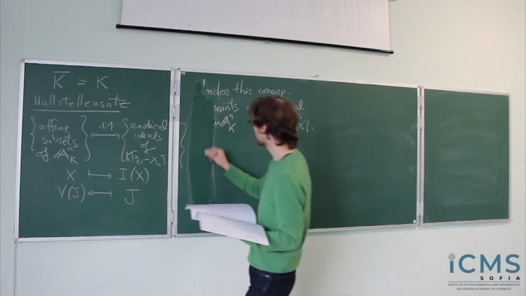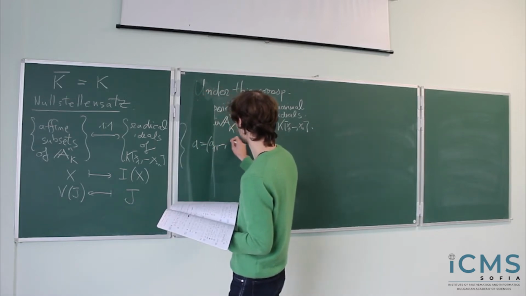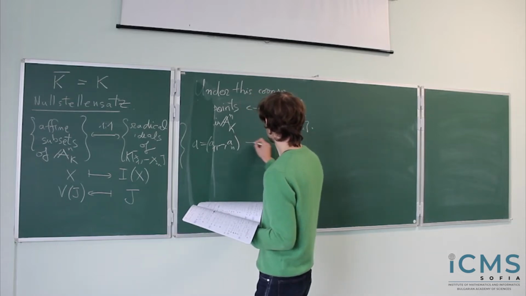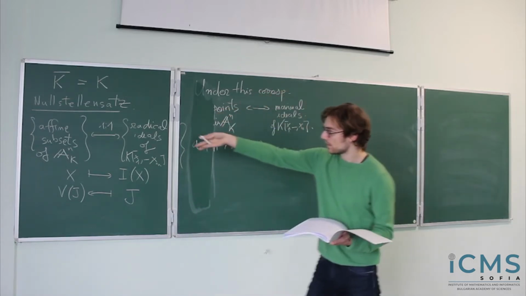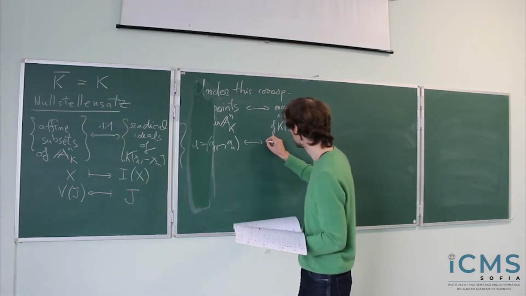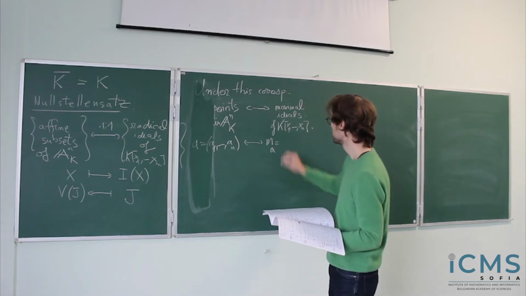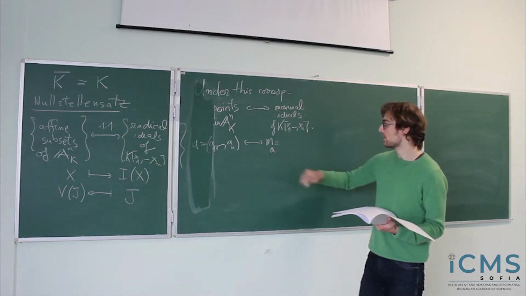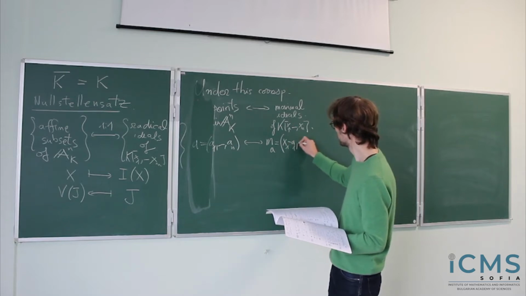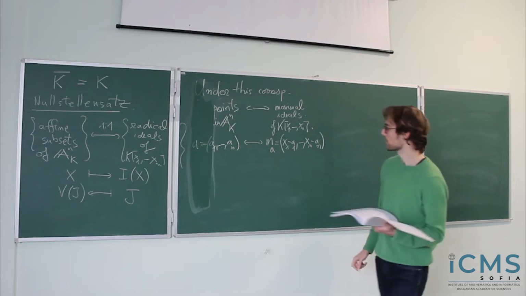So more precisely, if I have a point with coordinates a1 up to an, under this correspondence we obtain the maximal ideal. Well, there's no canonical notation, but I'll write it as M_a.